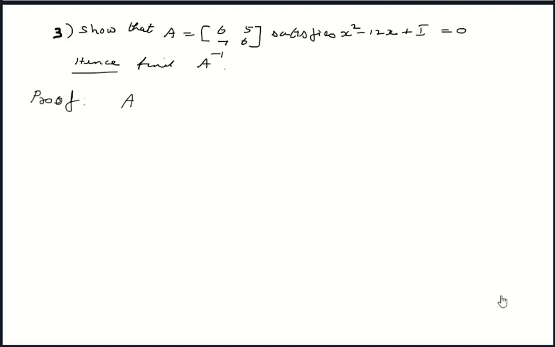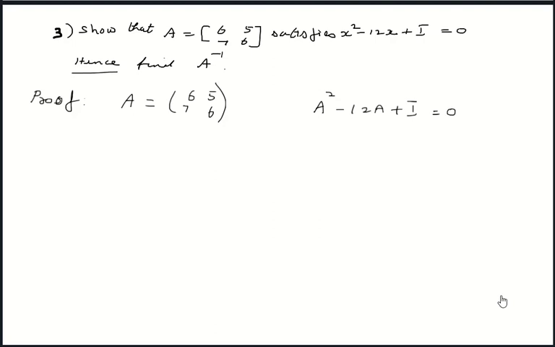What is A matrix given as? A matrix is given as 6, 5, 7, 6. Now he is asking that it satisfies this equation. So I should prove A square minus 12A plus I matrix is equal to 0.